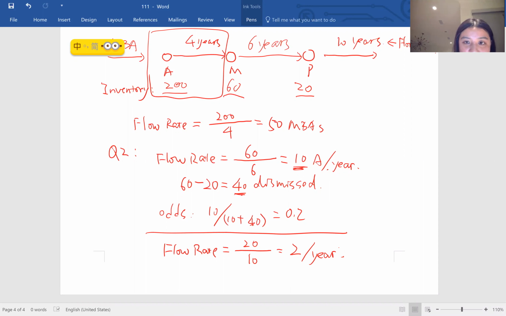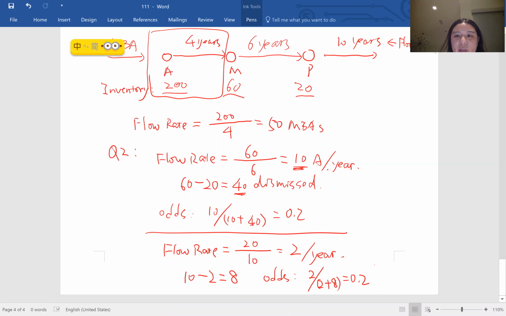And every year 8 are dismissed. So the odds for this level equal 2 divided by 2 plus 10, which equals 0.2.